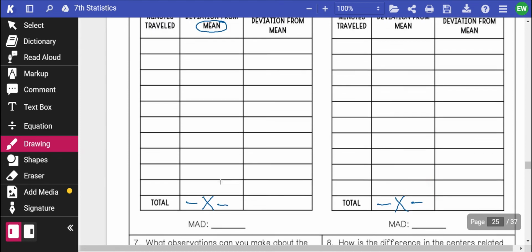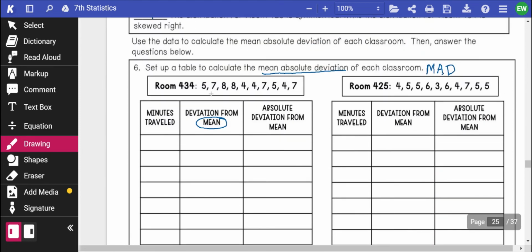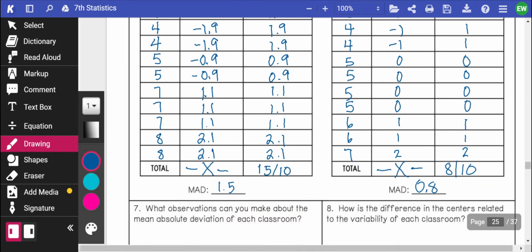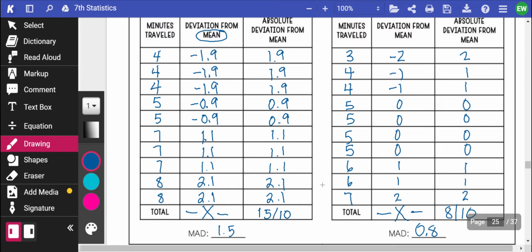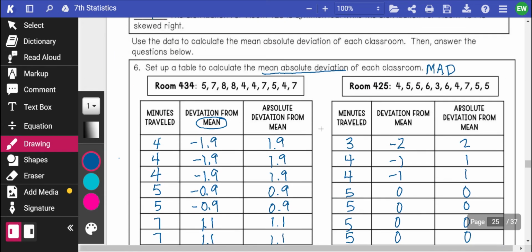Okay. So remember the mean, you will add these together and divide by the total number of data points. Okay, so mean absolute deviation. So first we have to find the mean of room 434. We totaled these up. It was 59 divided by 10.